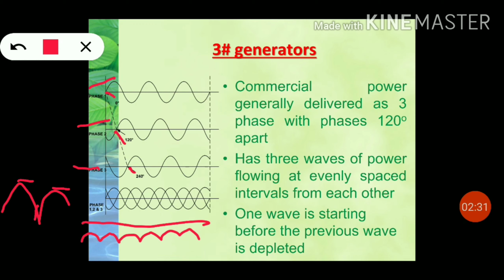In a single phase there is a deep valley: the voltage goes from 0 to maximum, then comes again to 0, so it produces a pulsating direct current. In a three-phase generator, as you see, the valleys between two of the pulses are not as deep as in a single phase.